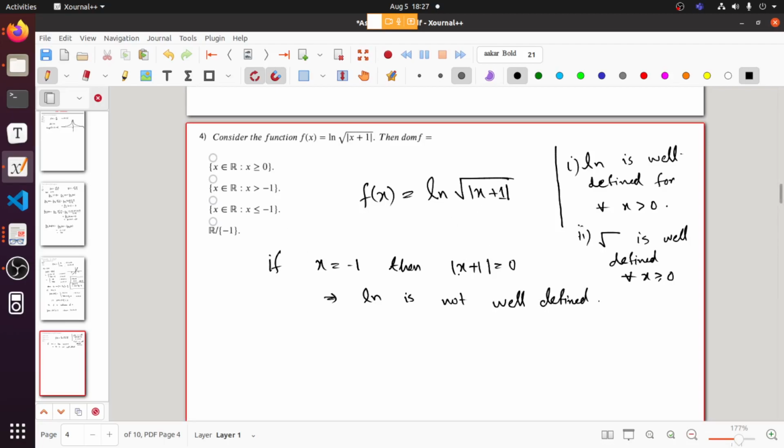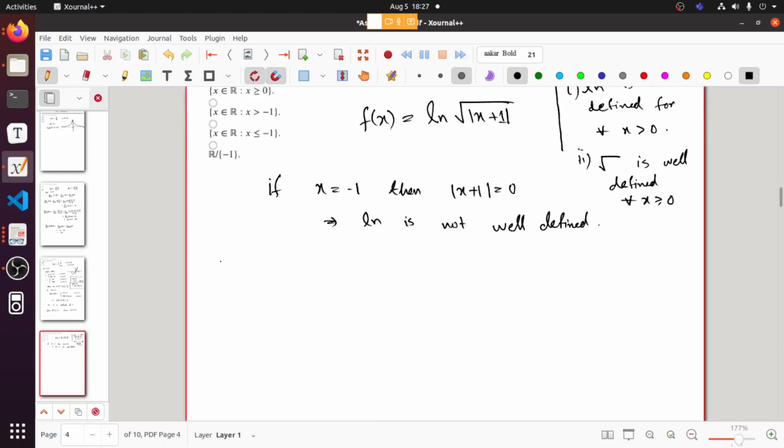Suppose it is greater than minus 1 or positive. This is a modulus, right? If x is not minus 1, then the modulus is always positive, so the square root is well defined.